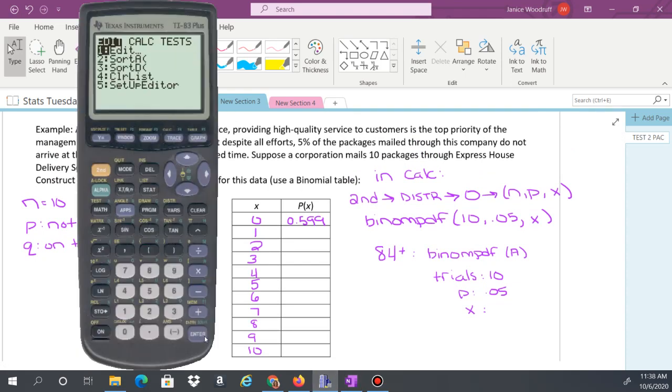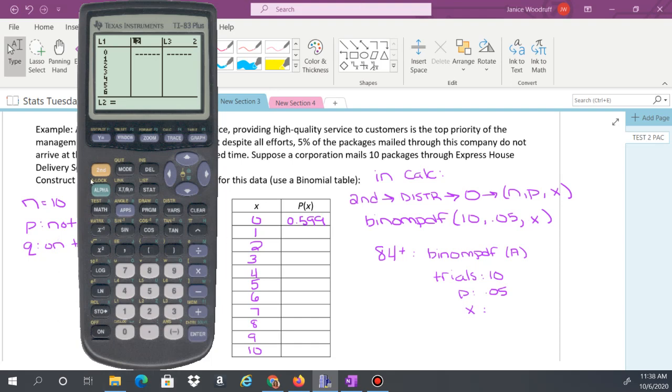So stat, edit, I'm going to do L1, 0 through 10. Okay, then I'm going to scroll over to L2. I'm going to highlight L2, and then I'm going to do the command.